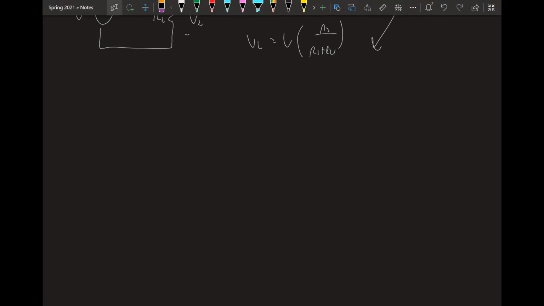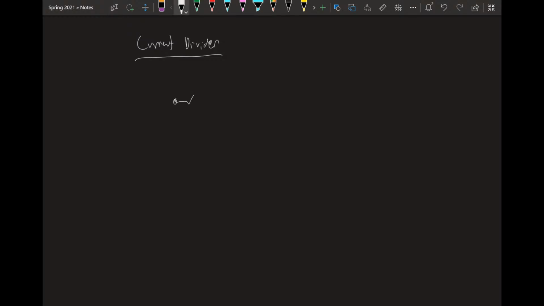All right, a current divider. So much like how when resistors were in series, the current stayed the same but the voltage divided up, when resistors are in parallel, the voltage stays the same but the current divides up. So we're going to have some total current coming into this parallel combination of resistors.